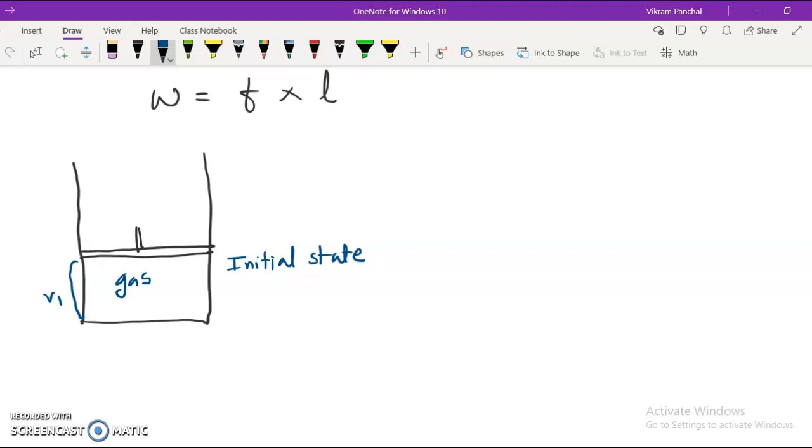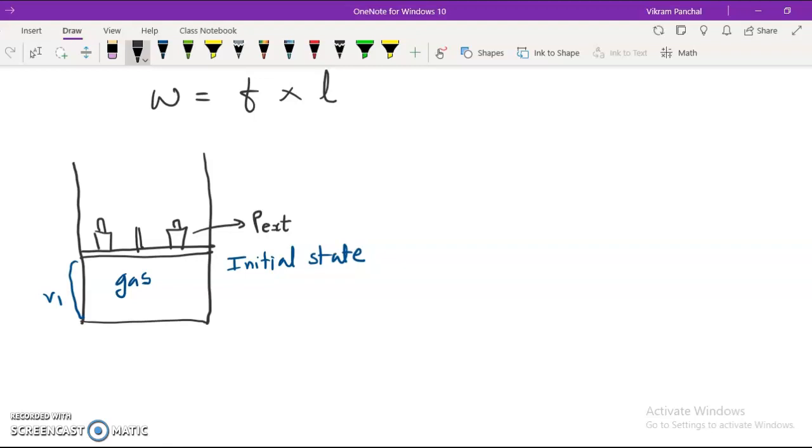To maintain the pressure, we will put certain weights on this, which represent external pressure. So we call it P external. It is the initial state.